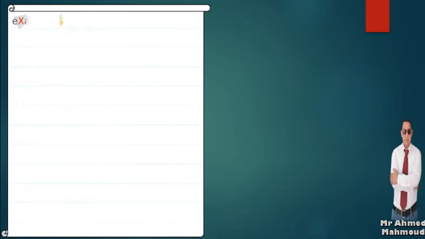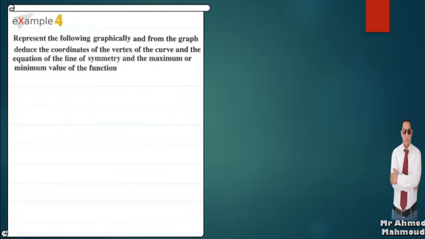Here in example 4, represent the following graphically, and from the graph deduce the coordinates of the vertex of the curve, and the equation of the line of symmetry, and the minimum or maximum value.